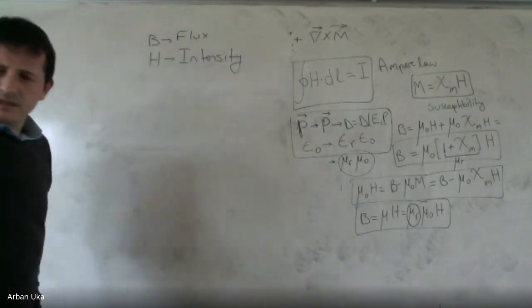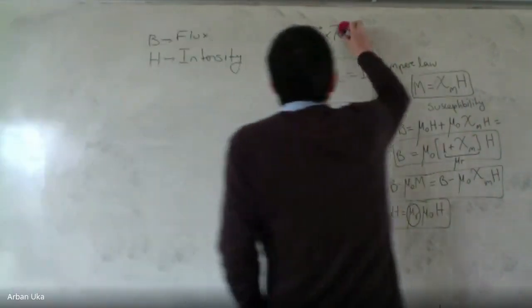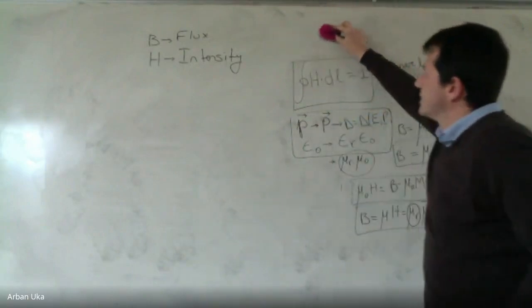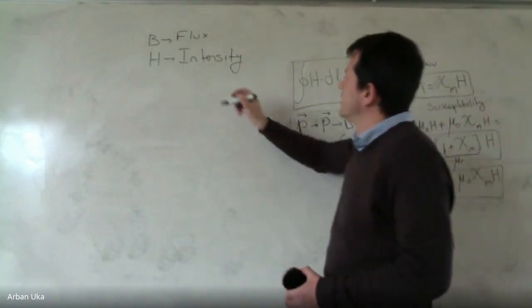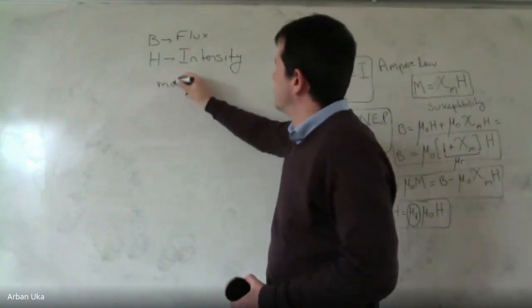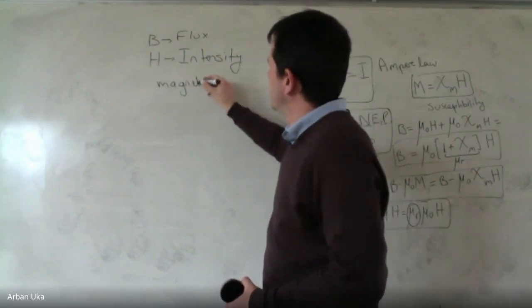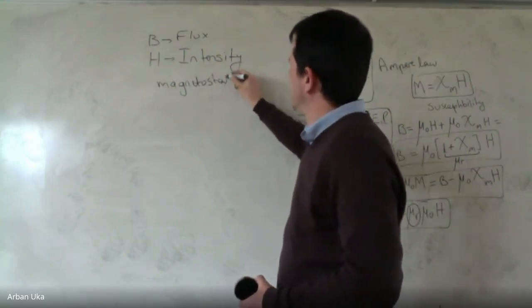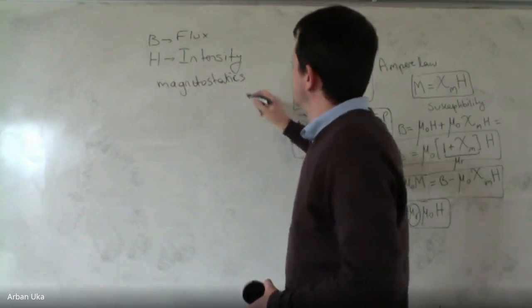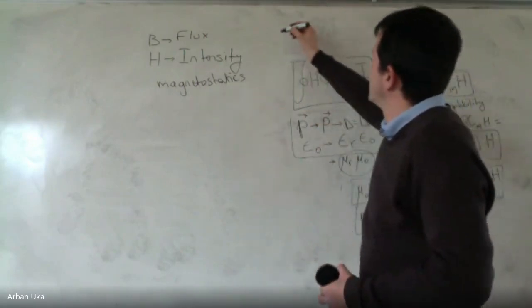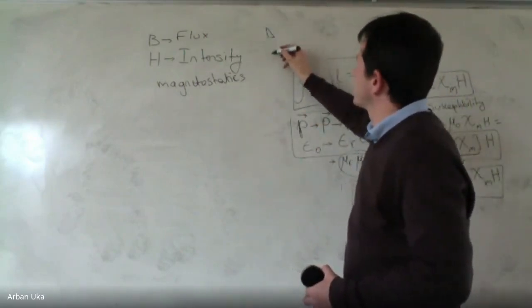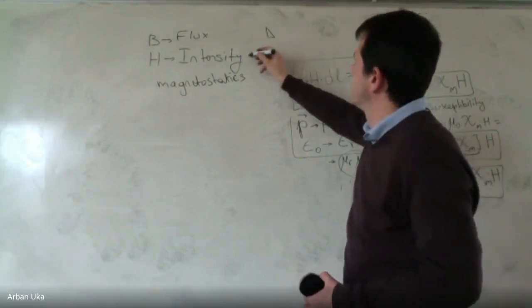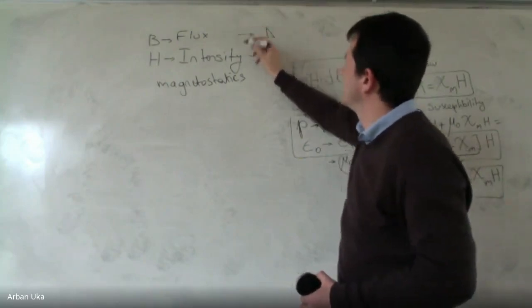And then, again, we always make relationships or equivalences with the electrostatics. And so this is magnetostatics. And in electrostatics, we had the D, which was a flux, and E, which was intensity. Okay, so this is how they are related.